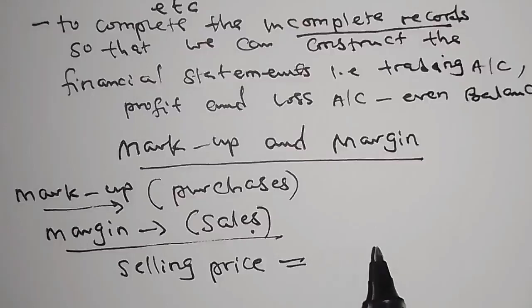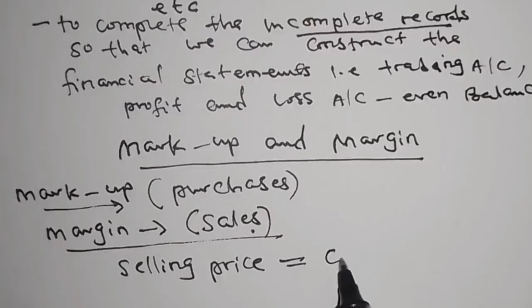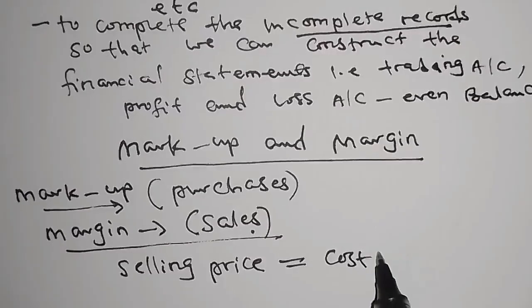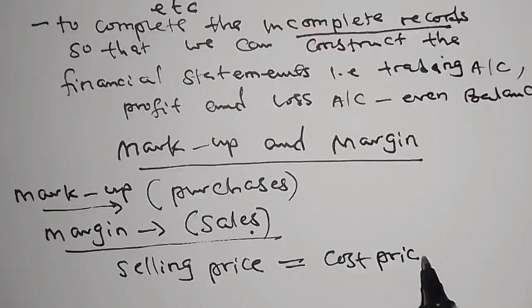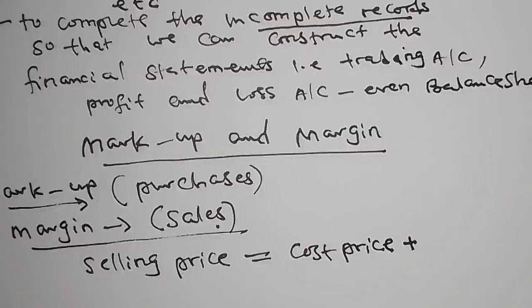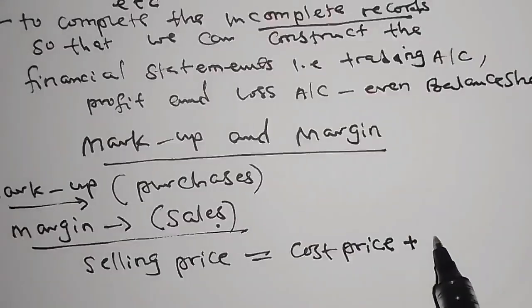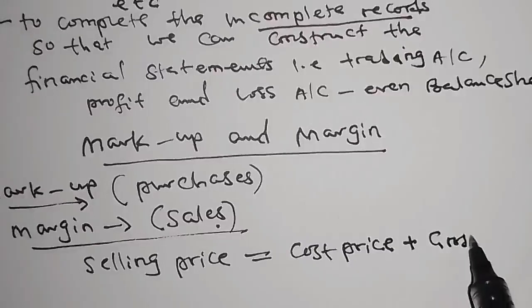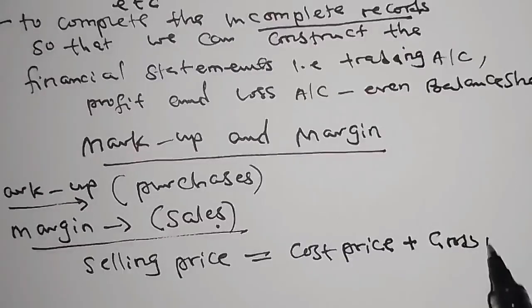The selling price is equivalent to the cost price, how much it cost to get that stuff, plus the gross profit.